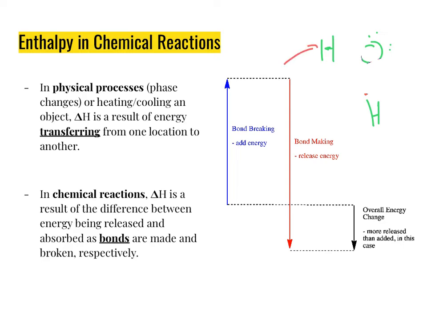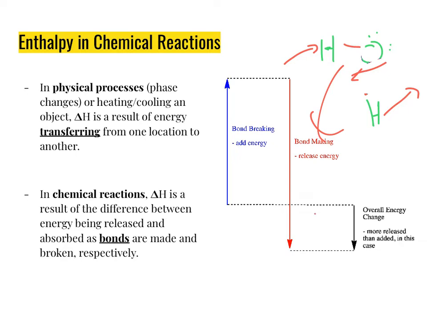I'm going to draw arrows to show they're trucking around, so they have a pretty decent amount of energy. When they come together to form their bond, they have to release some of that energy to connect together and get to that low energetic state. You can't have two particles with extremely high energy trying to move in opposite directions actually bond. So they have to release that energy in order to form that bond.